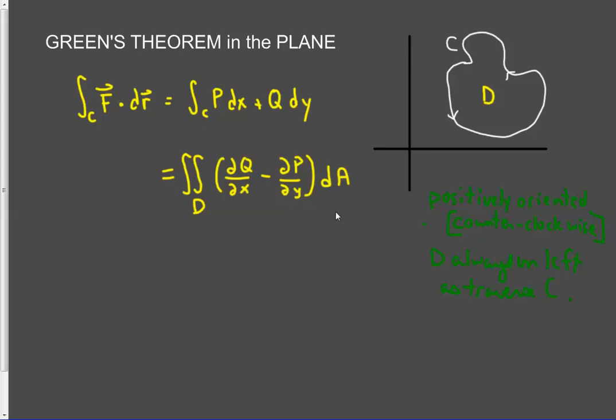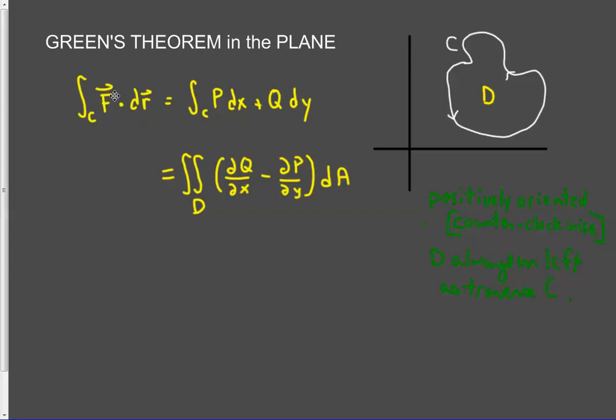It might be that you're trying to figure out a double integral, and it might be difficult for whatever reason, but you might be able to use Green's theorem to turn it into a line integral. Now that was at first a little bit more difficult because you have to figure out your P and your Q. You kind of have to anti-differentiate these two guys and get back to that.